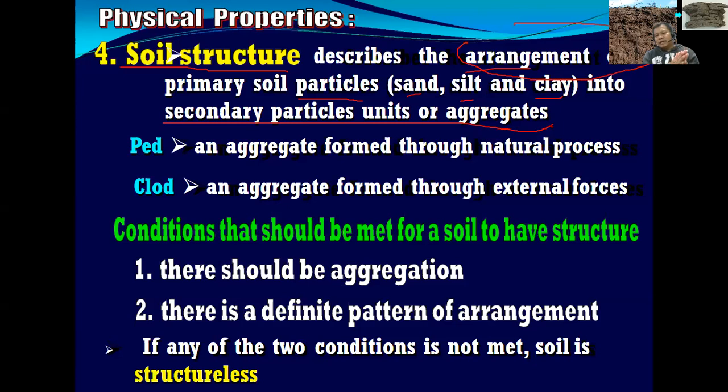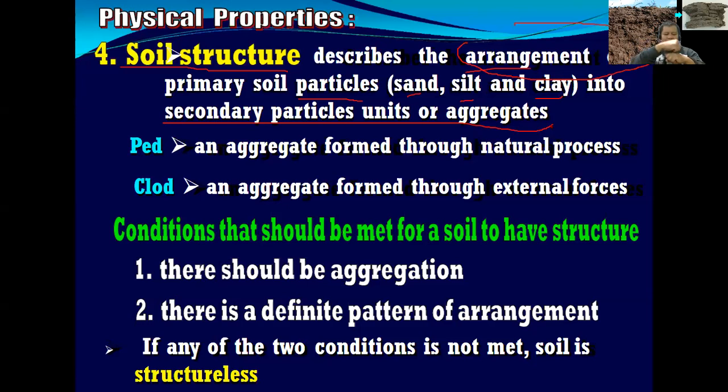The sand can stick to the silt, forming an aggregate. Clay, silt, and sand can also clump together into one unit, or particle unit, or aggregate. Then that one unit will be arranged. For example, imagine this hand as a single aggregate composed of clumps of sand, silt, and clay, and the other hand is the same kind of aggregate.